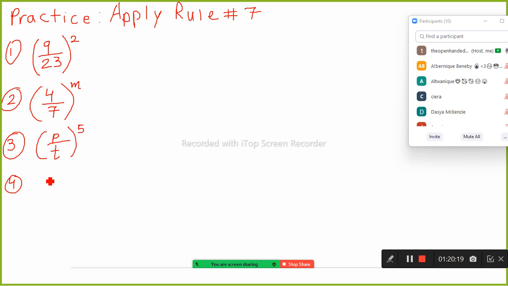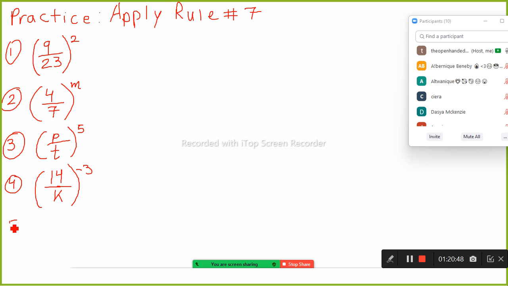Let's say I have 14 over k to the power of -3.